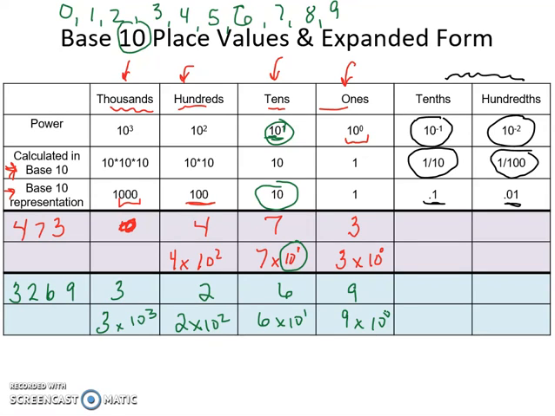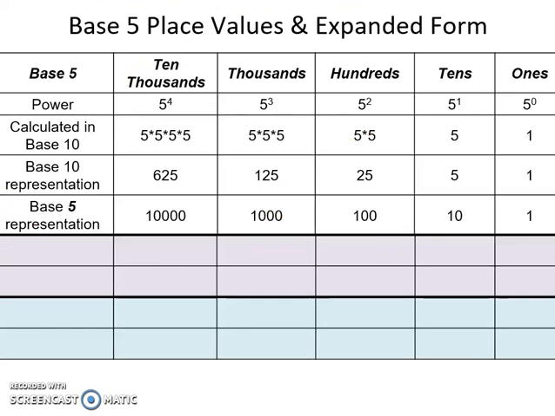And let's take a look at place values for other bases. So if we're looking at base 5, before we even look at expanding them or anything, remember we don't have a symbol for our base.